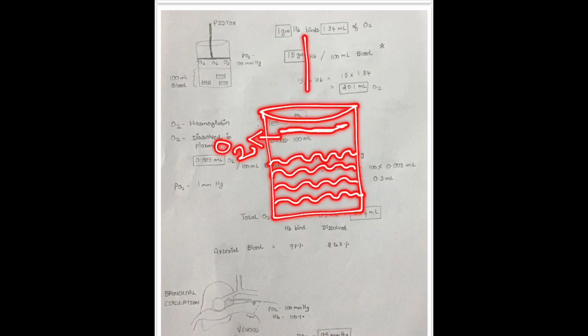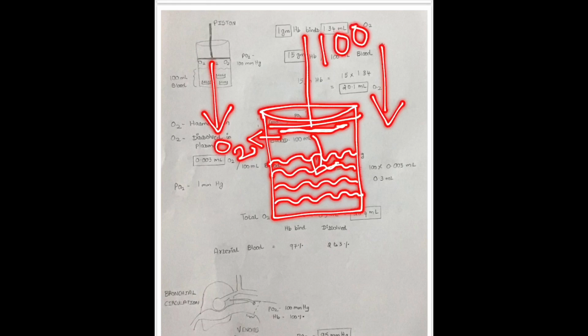So using a piston, you push the piston downward. In a way you are pushing the oxygen molecules into the blood. So when you push the piston, you are giving a pressure of 100 millimeters of mercury.